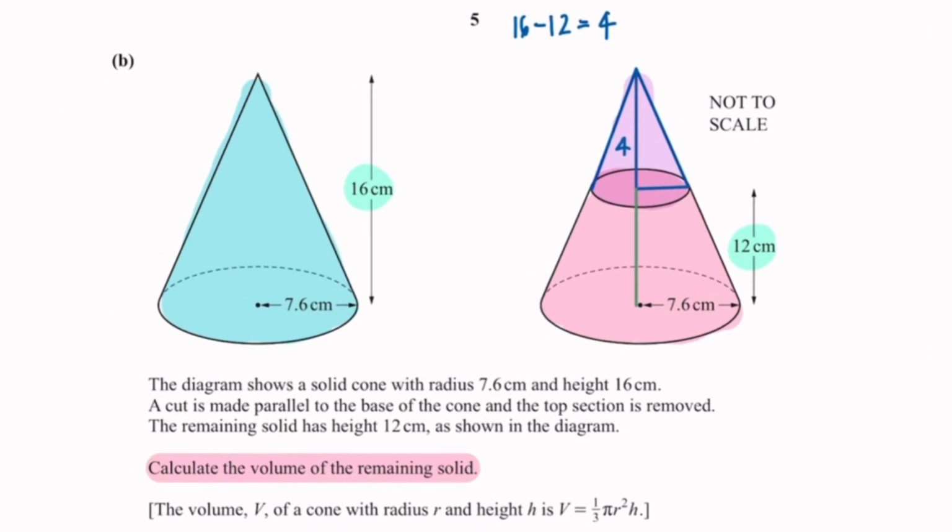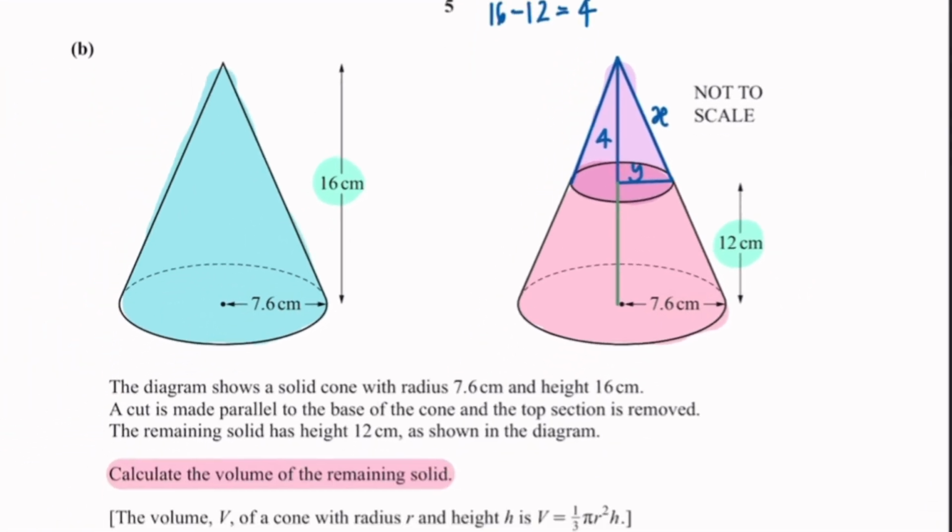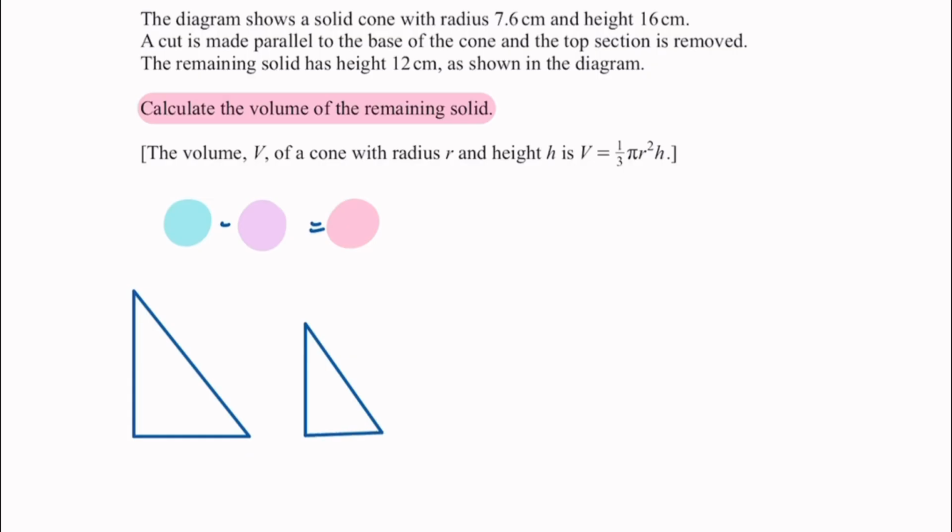In this picture and in this calculation, I want to use the principle of similar triangles. I will represent this length as y and this length as x. This is the similar triangle that I am explaining to you.